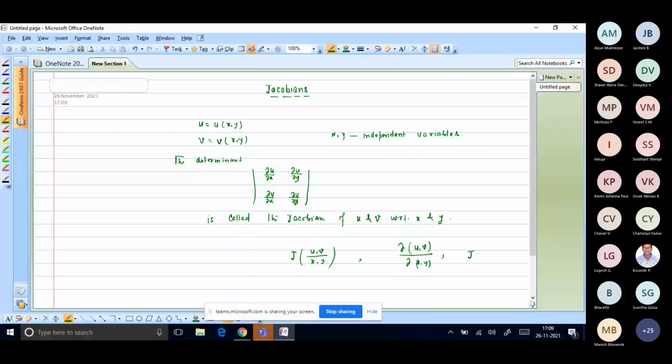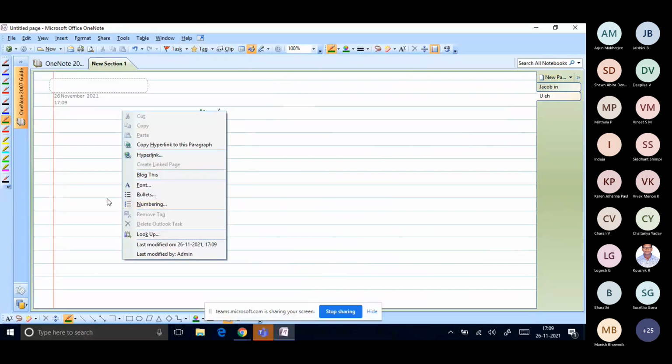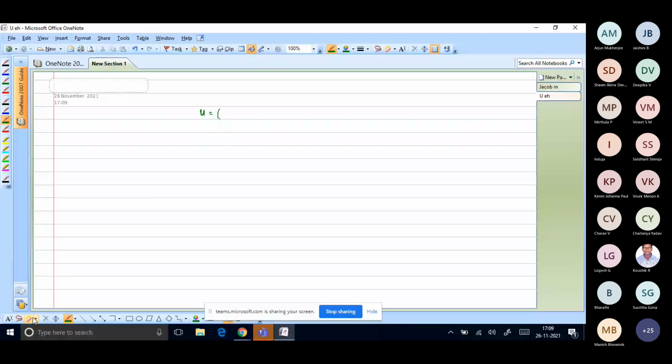Next, let us suppose that u is a function of three variables x, y, z, similarly v is a function of three variables x, y, z, and w is also a function of x, y, z.